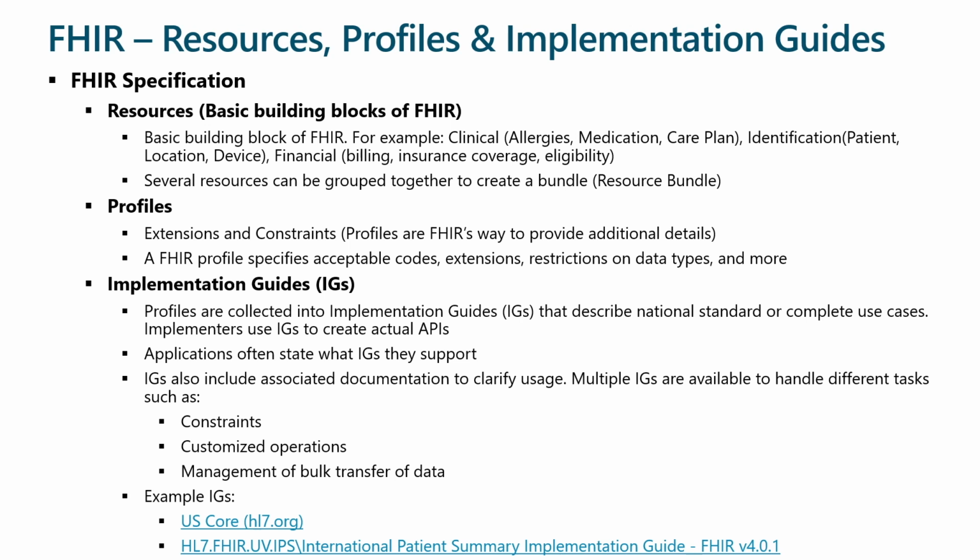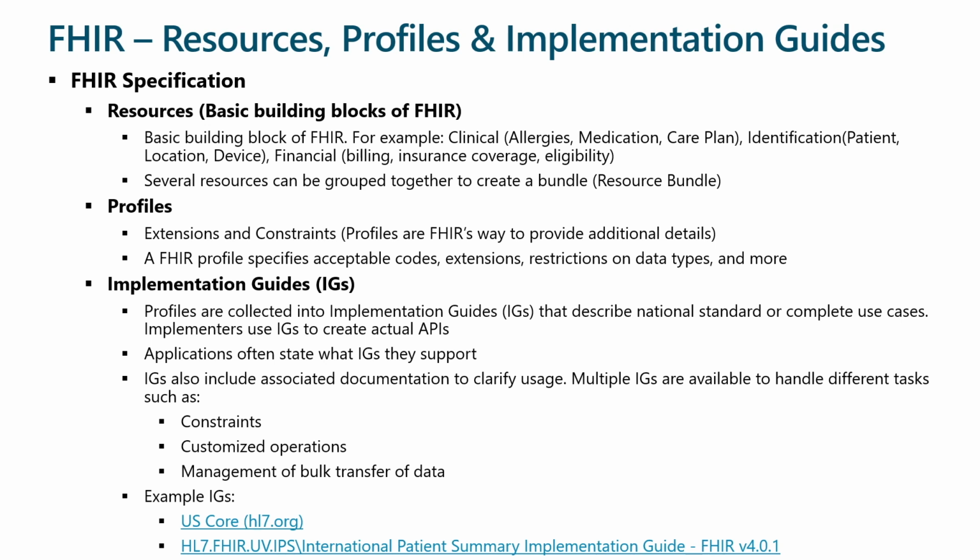A FHIR resource is a discrete data concept such as a patient, document, medication, family history, health procedure, list of allergies, etc. A FHIR resource is literally any piece of data you can collect across the internet because it has a physical location that can be located via a URL address submitted in a browser. Several resources can be grouped together to create a bundle that is called a resource bundle.